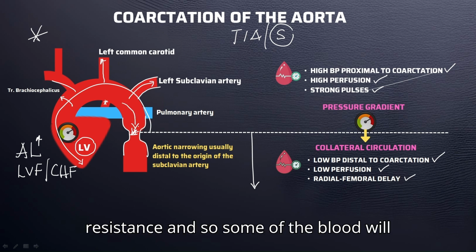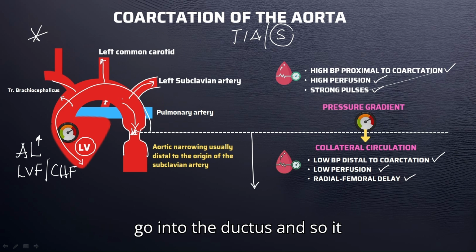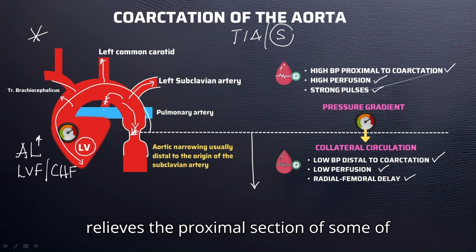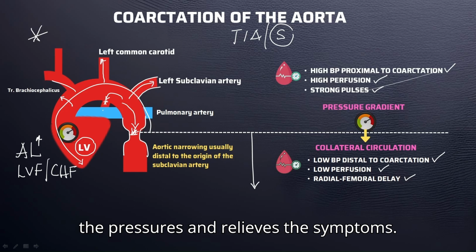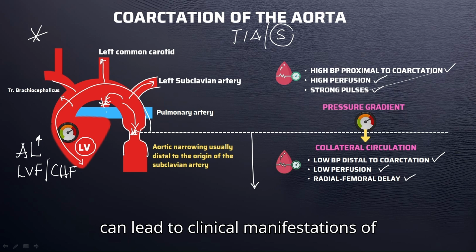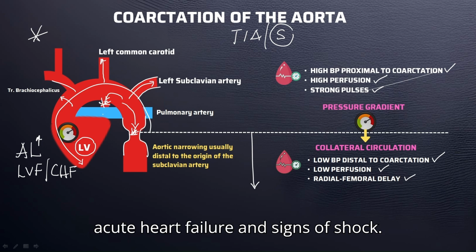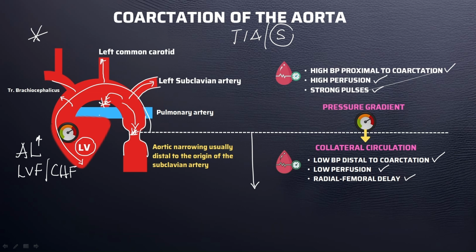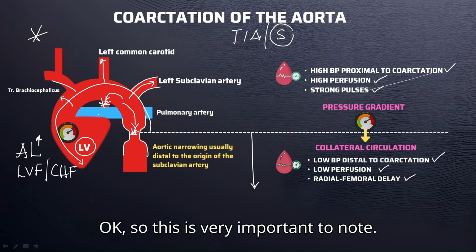There is a resistance, and so some of the blood will go into the ductus, and so it relieves the proximal section of some of the pressures and relieves the symptoms. Now, as soon as this closes, this can lead to clinical manifestations of acute heart failure and signs of shock. So this is very important to note.